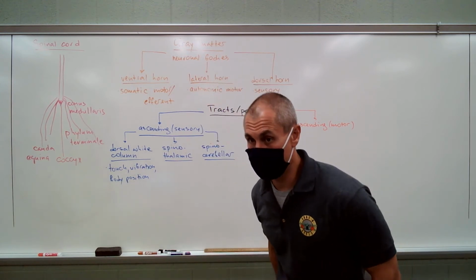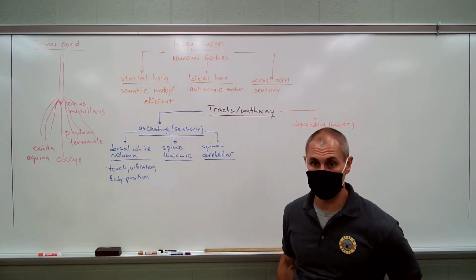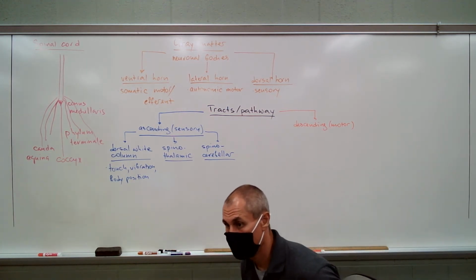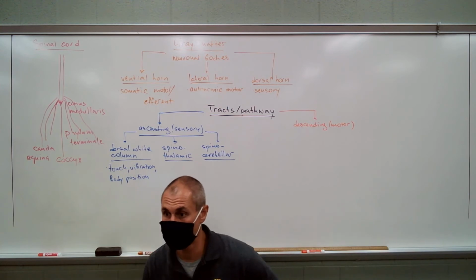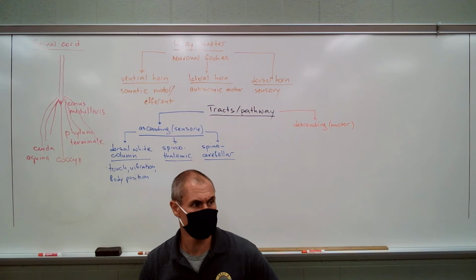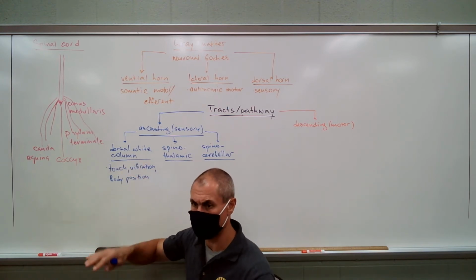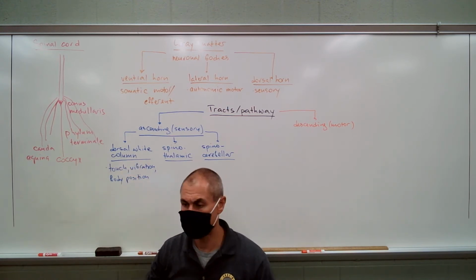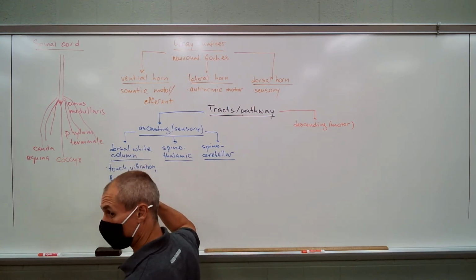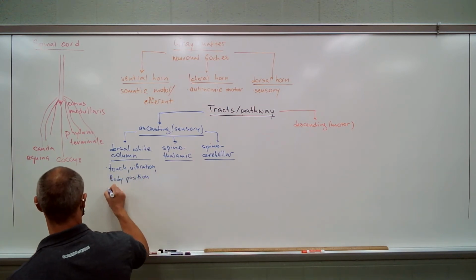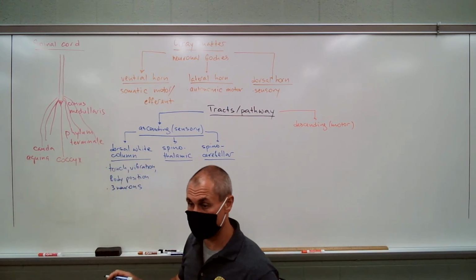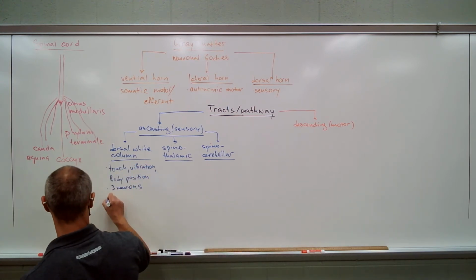Now, in the lecture notes, you probably noticed that there are 2 subdivisions of the dorsal white column, funiculus gracilis and funiculus cuneatus. I don't care. It's not going to be on the exam. So long as you know dorsal white column, you're fine. The entire tract consists of 3 neurons, and it delivers the information to the somatosensory cortex.